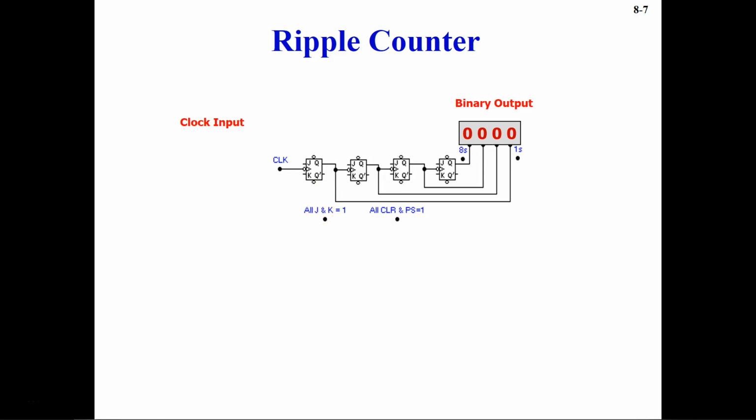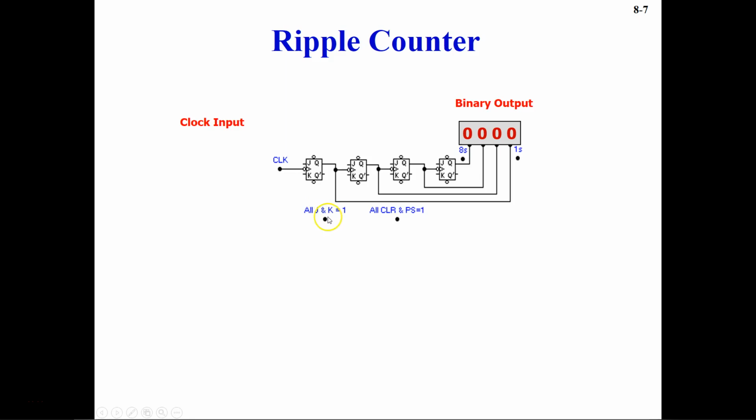If you go back to the previous lecture, you will remember it has set, reset, toggle and hold states, where it toggles when J and K are 1. That's the state which we are using in counters.